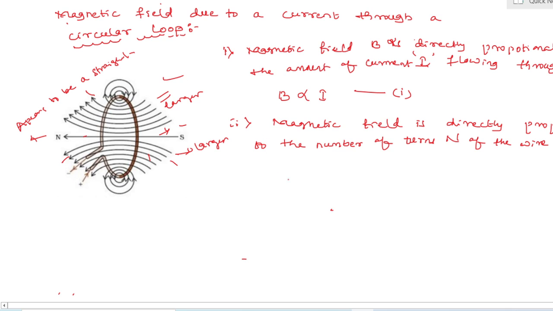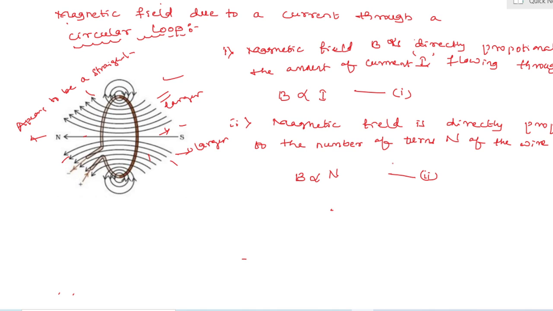It means B is directly proportional to n. Yes, it is equation number 2. This is because the current in each turn is in the same direction. Therefore, the field due to each turn adds up.